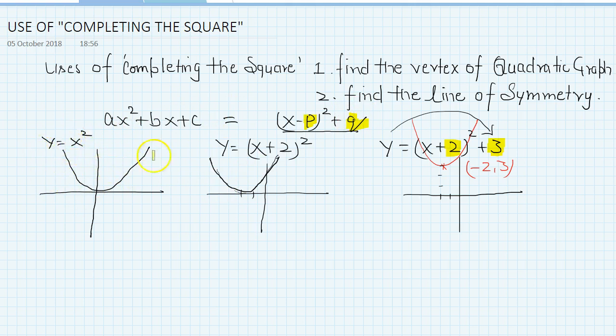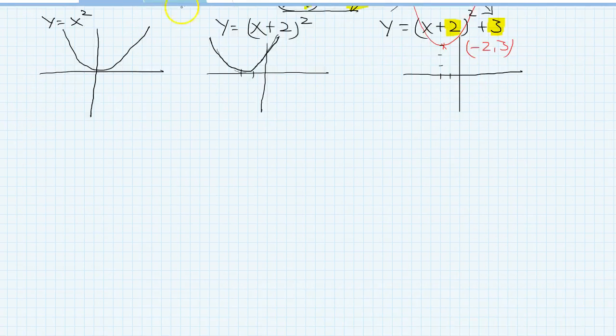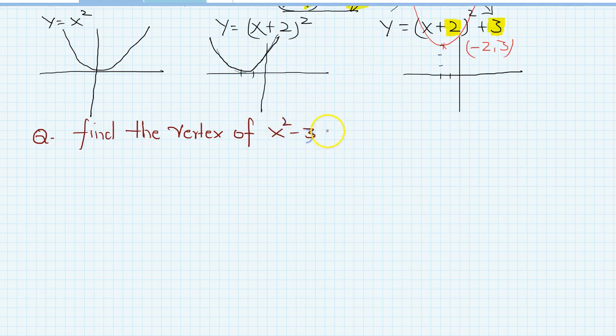Let's take an example. Find the vertex of x square minus 3x minus 5, the vertex of the quadratic graph.